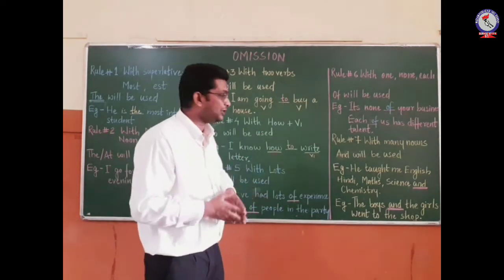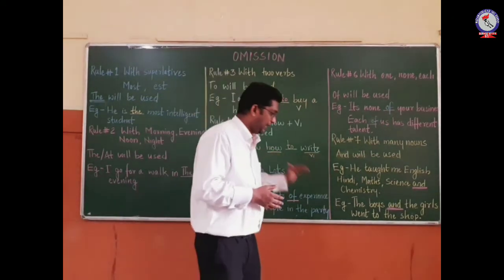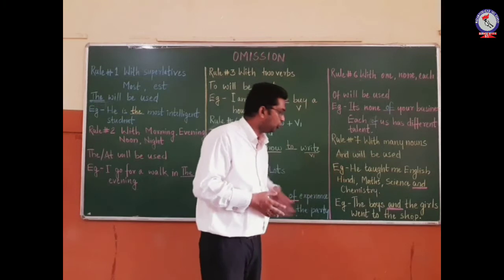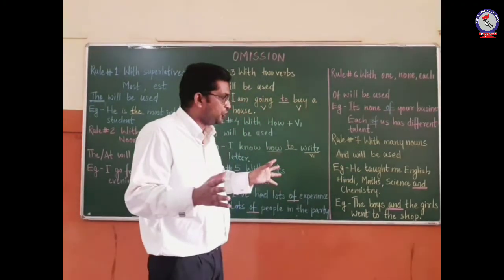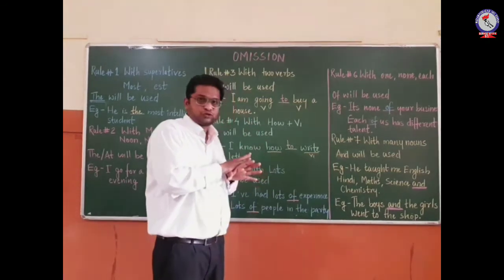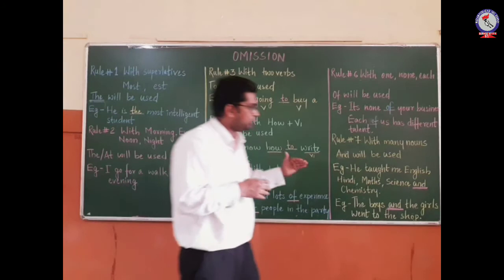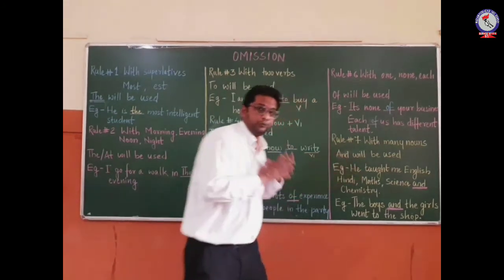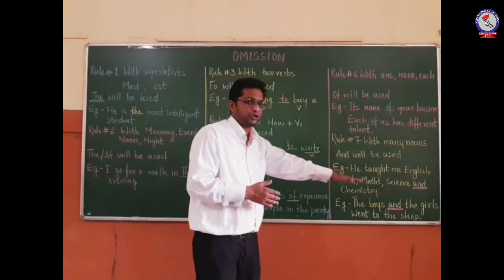So in that condition, and will not be used. Now see an example again. The boys and the girls went to the shop. See here, there are 2 nouns. When we are joining them, we can make use of and. The boys and the girls went to the shop.